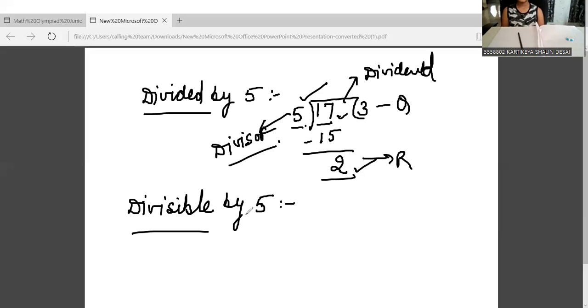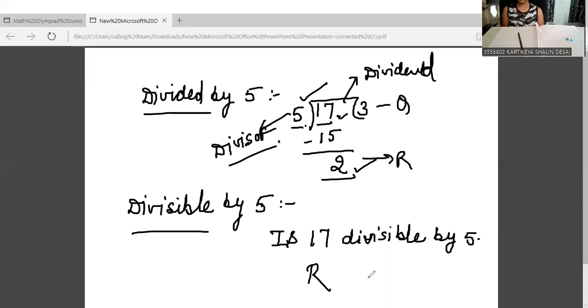Now coming to the second term. If I say, is 17 divisible by 5? No, exactly. Divisible means the remainder has to be 0 always.